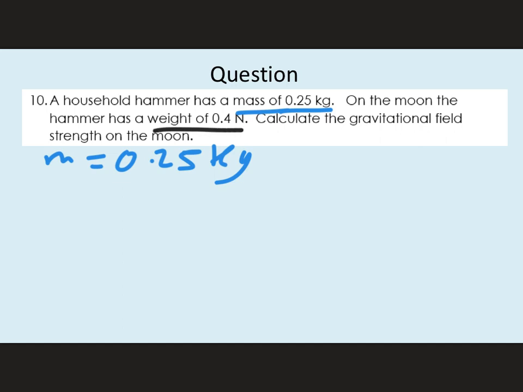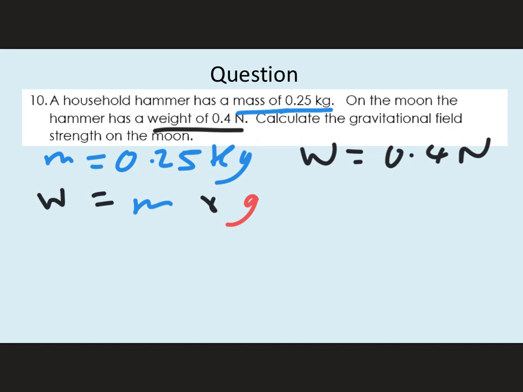My weight W equals 0.4 newtons. The equation, remember, is that weight W equals mass M times gravitational field strength G. Now with this question, we're trying to find out G this time because it's not on Earth. So G, gravitational field strength G, is only 9.8 if this is on Earth.